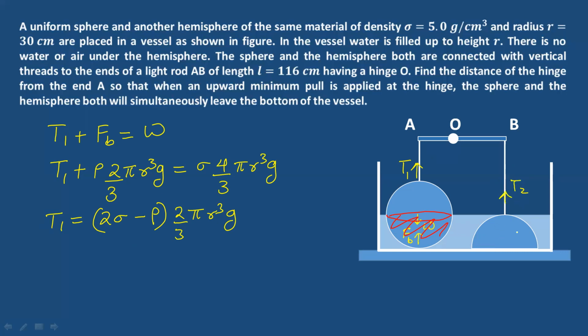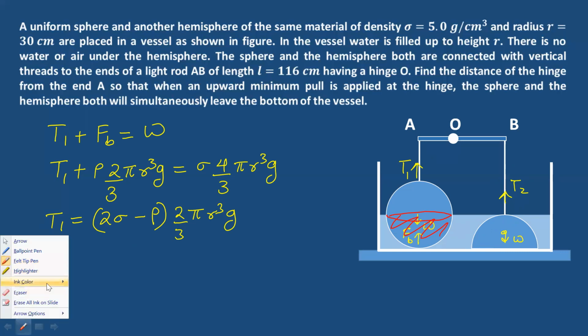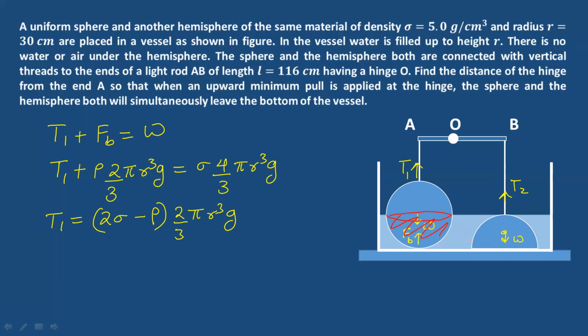Now, what are the forces acting on the hemisphere? First of all, there is the weight and the force exerted by the liquid. I've already taken up an example where I've shown you how to find the force exerted by the liquid in such a case. That is the weight of the liquid that is just above it, right?